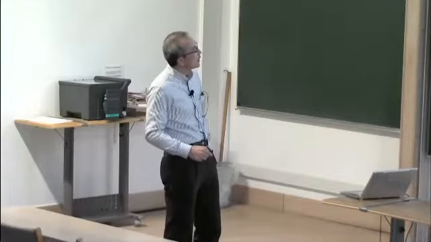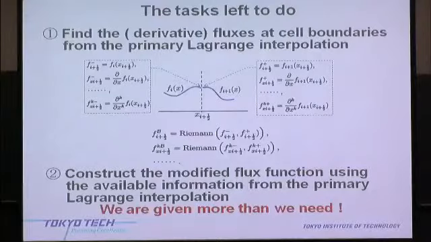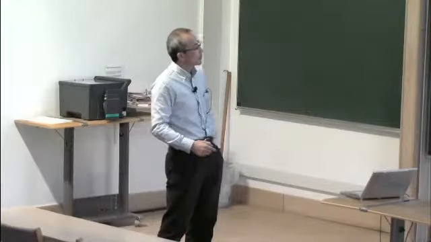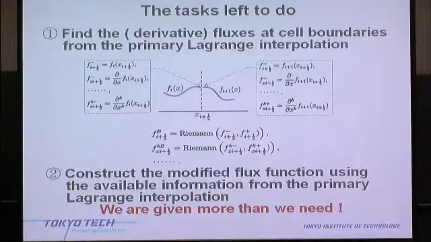And then the second step is that because we cannot use the primary interpolation function directly for updating the Q, we need to construct a modified flux function, using available information from what we get from the primary Lagrange interpolation.